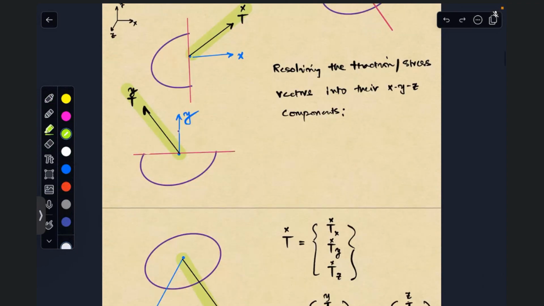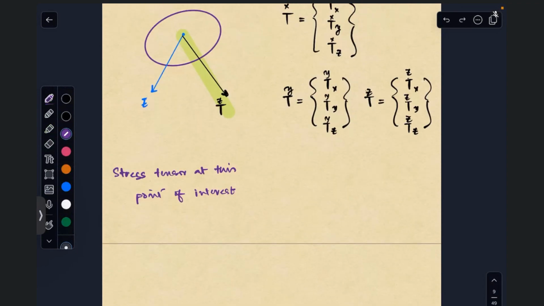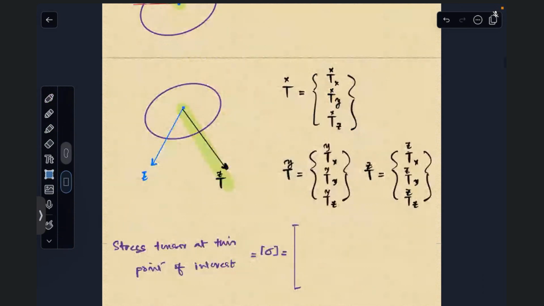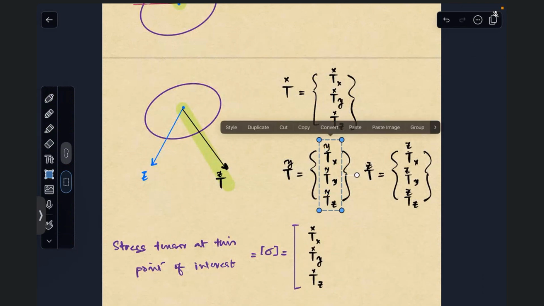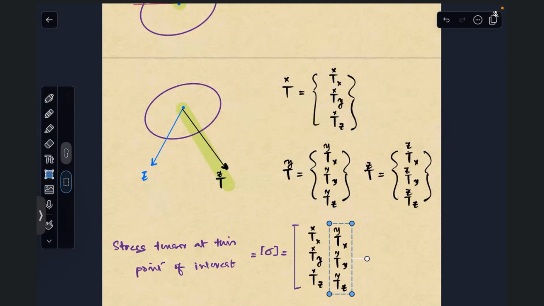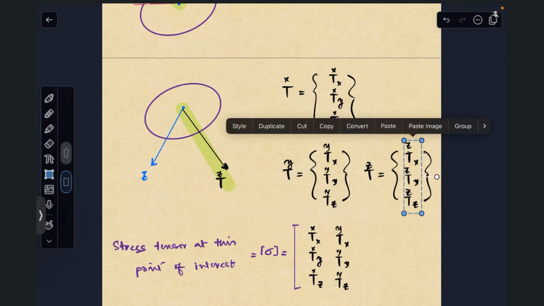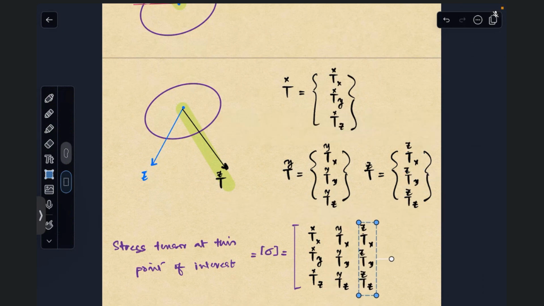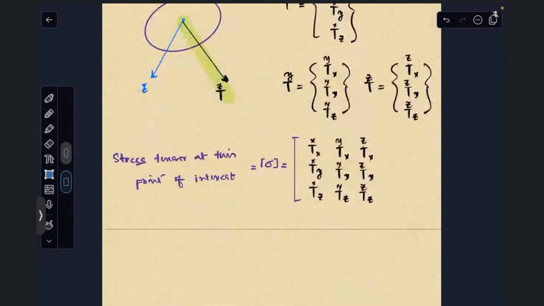At that point of interest, the stress tensor is represented by sigma, which is nothing but a collection of these traction vectors along the x, y, z. So it is this, and then I put this on its side, and then I put this on its side. So this is essentially my stress tensor.